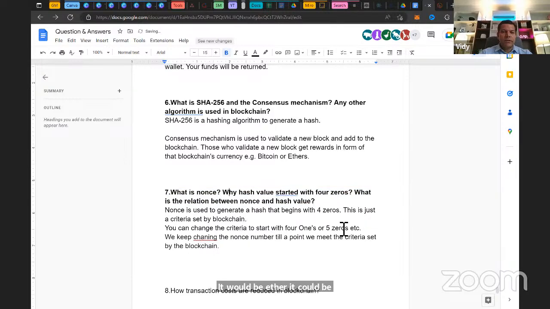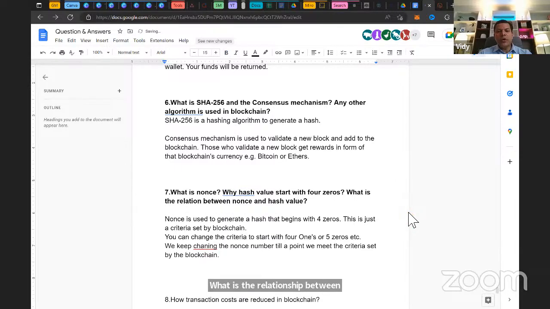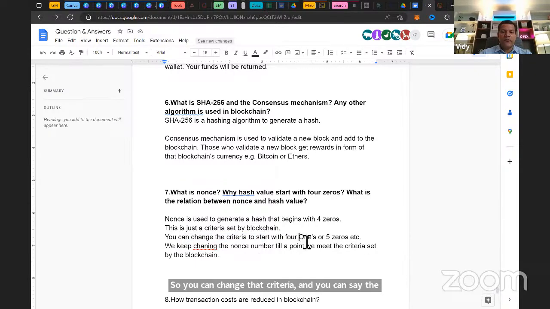What is nonce? Why does the hash value start with 4 zeros? What is the relationship between nonce and hash? So nonce, as I showed you in the demo, is used to generate a hash that begins with 4 zeros. This is just an example criteria set by a hypothetical blockchain, right? You can change that criteria and say the hash should begin with 4 ones, or 5 zeros.